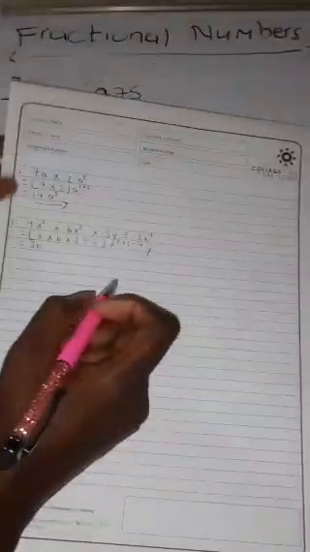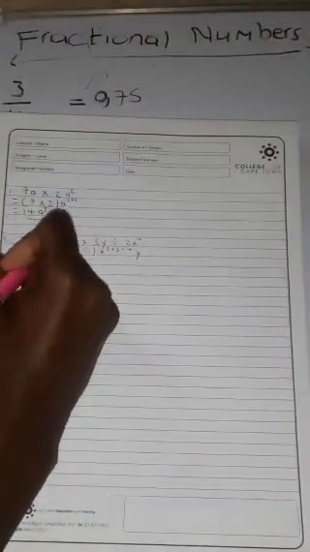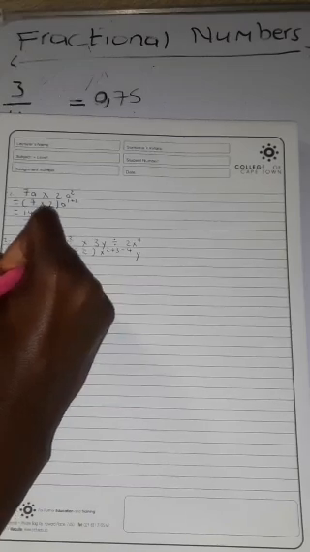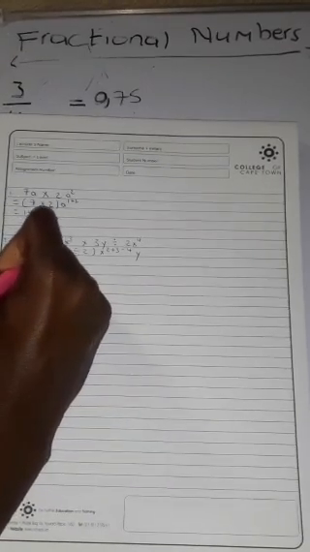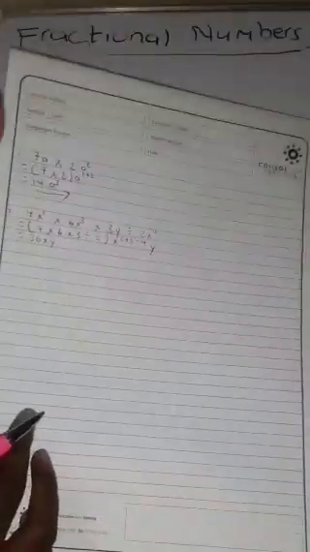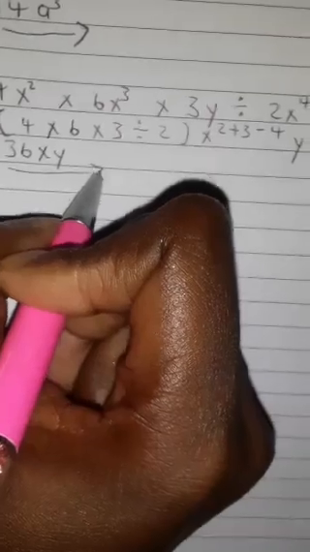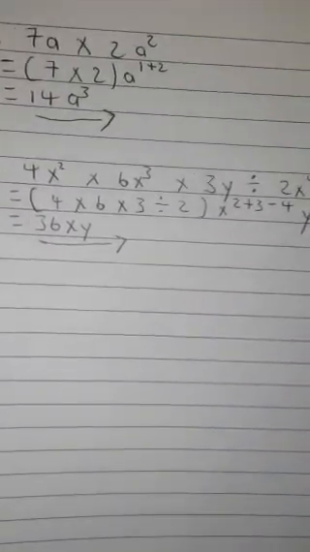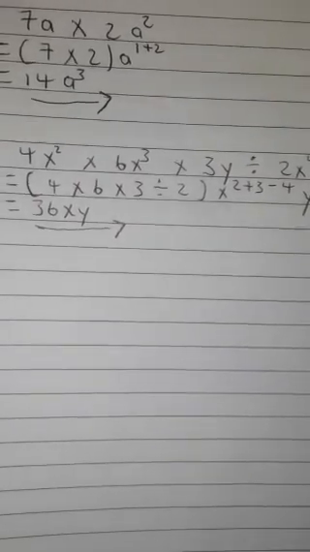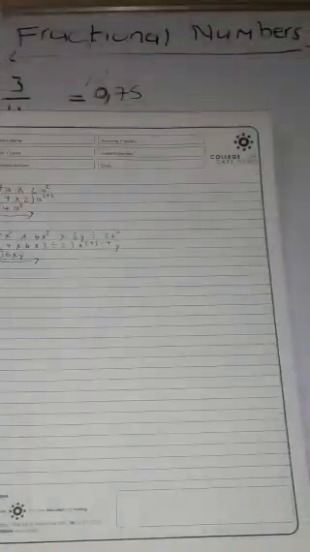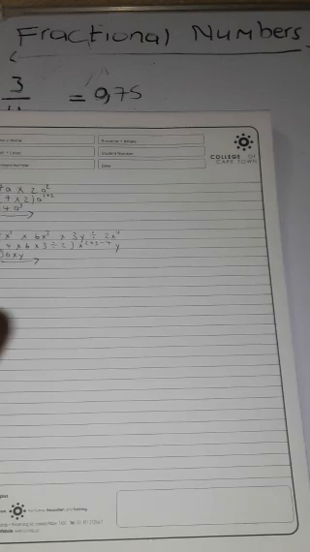Right, so we're just going to put x y because there's no need to put 1. Right, and then the final answer is 36xy. Right, you can see it.